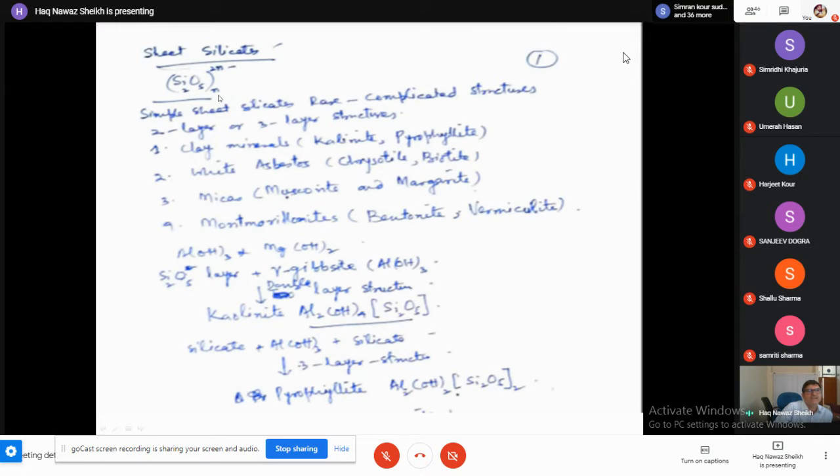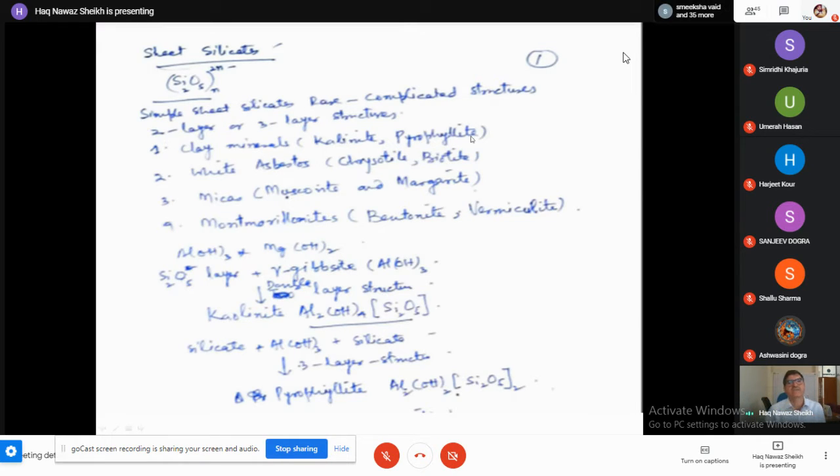If this silicate sheet extends itself in 2 dimensions, length and breadth, the formula becomes n times, and the charge is 2n negative.